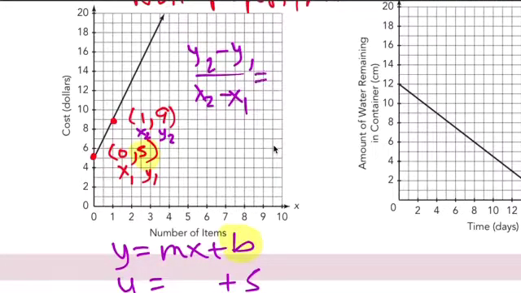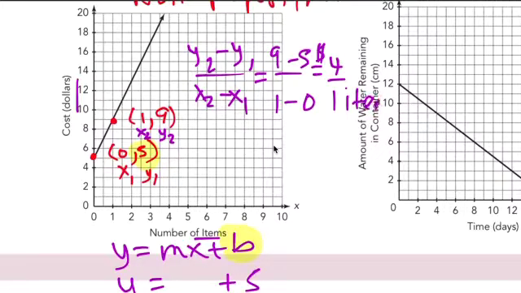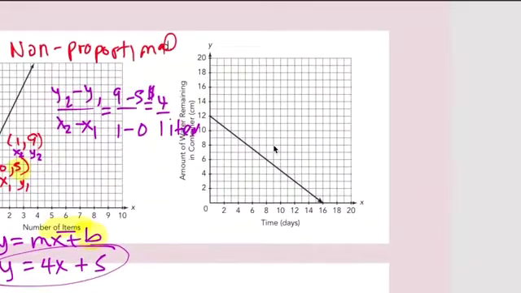So 9 minus 5 over 1 minus 0. $4 every 1 item. See, I look down here. 1 item costs $4. So 4x. That's your equation right there.